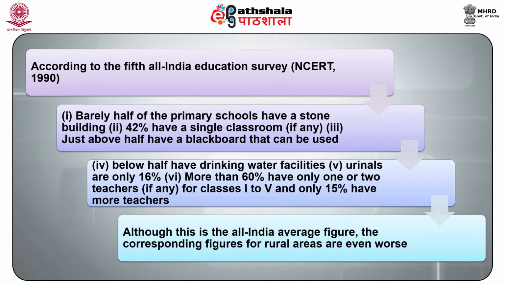Fourth, below half have drinking water facilities. Fifth, urinals are only 16%. Sixth, more than 60% have only 1 or 2 teachers, if any, for classes 1 to 5, and only 15% have more teachers.